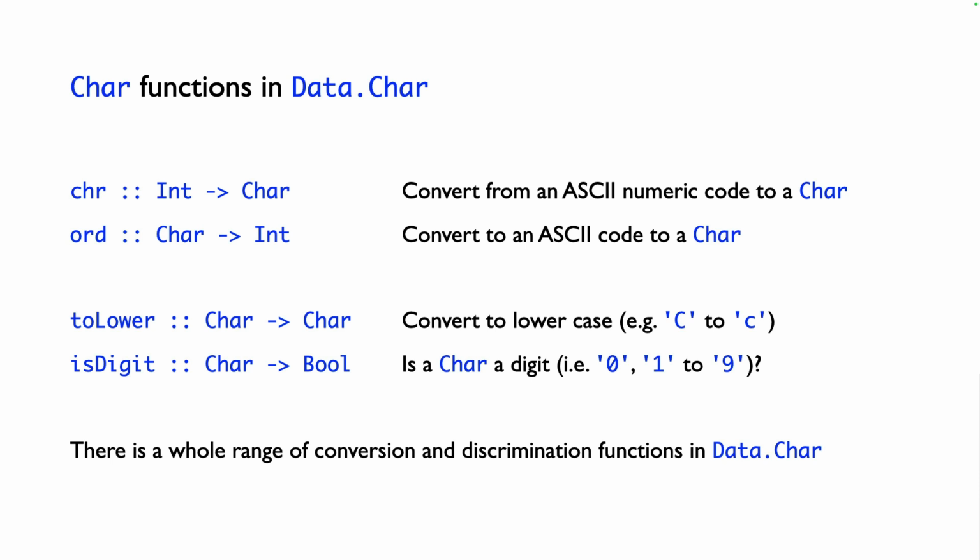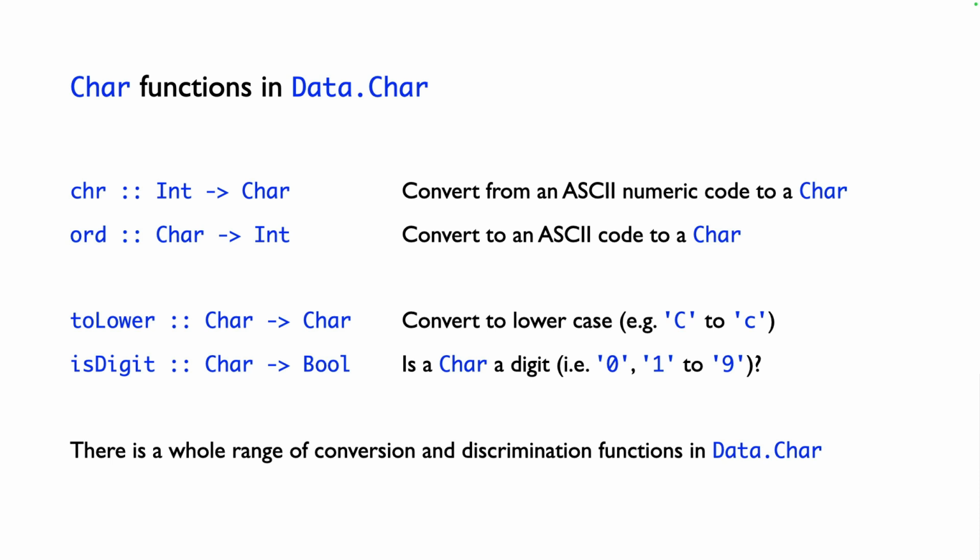And there are two classes of things. There are conversion functions like toLower and so on that will convert a capital C into a small c, for example. But more usefully, there are functions which will distinguish or discriminate between different kinds of characters. So the function isDigit will tell us whether a character represents a digit.